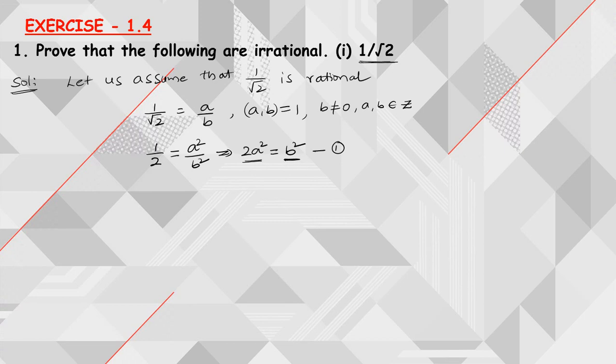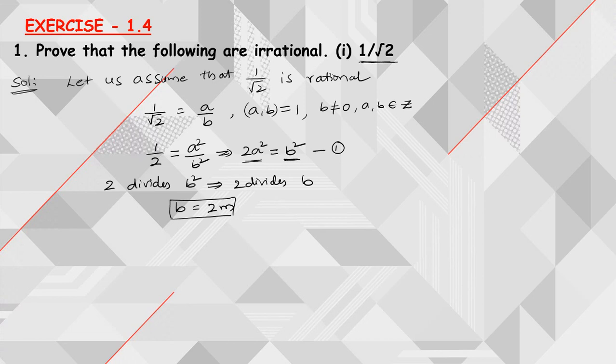When b square is an even number, 2 divides b square, then clearly 2 divides b. Now I can write b is equal to some 2 times m.